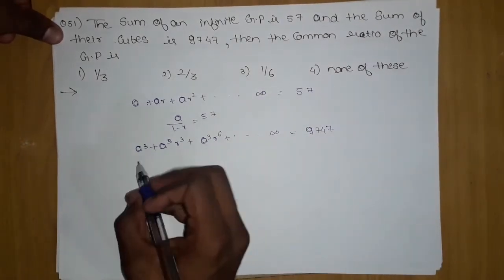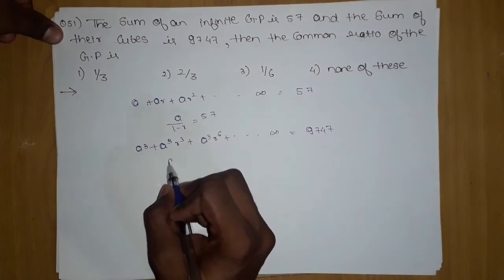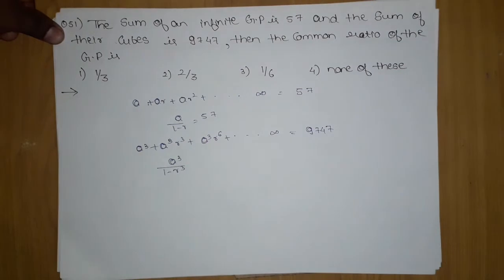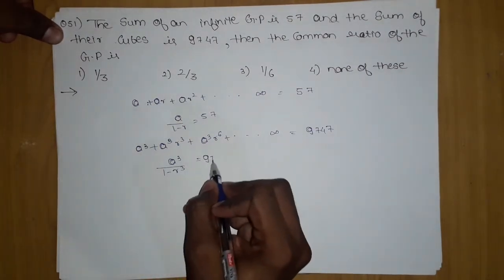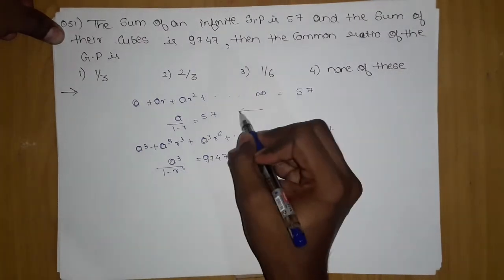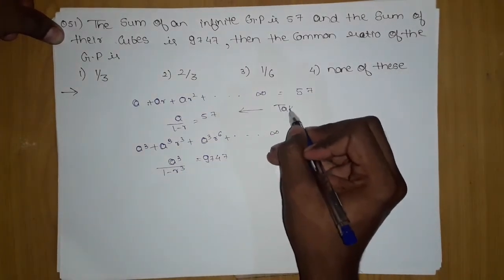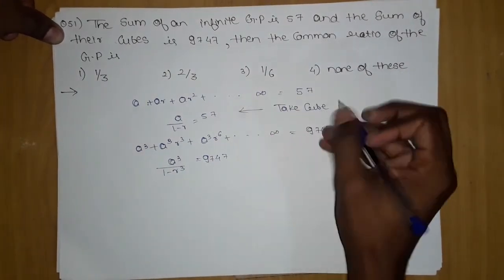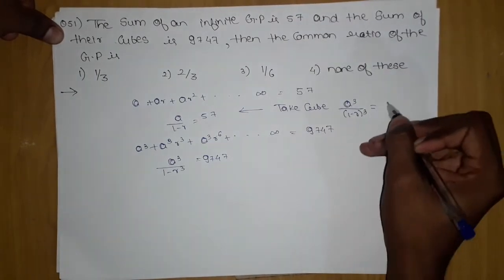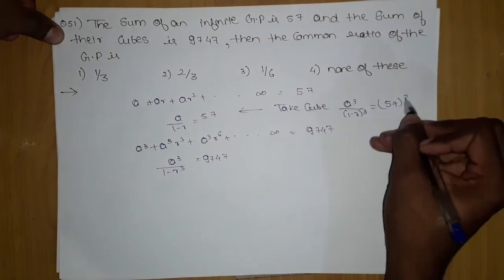Okay, now if I take the sum, a cube upon 1 minus r cube should be 9747. Now I cannot divide this by this directly, so I will take the cube on this, which will give 1 minus r the whole cube, 57 cube.